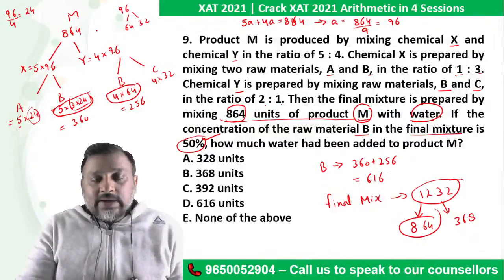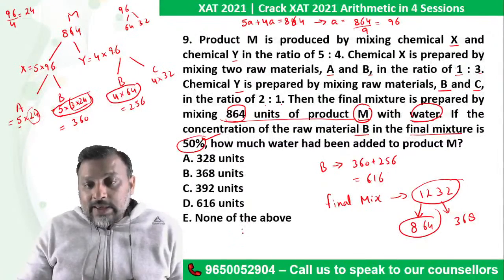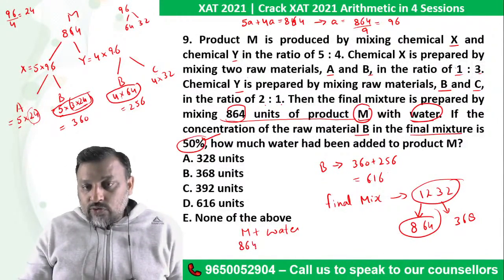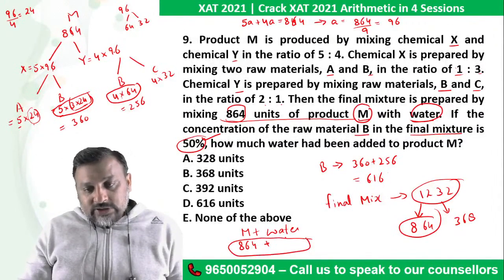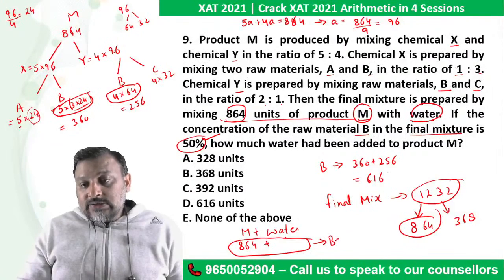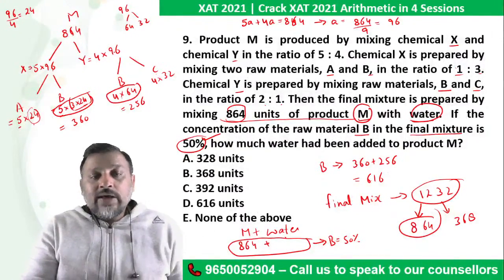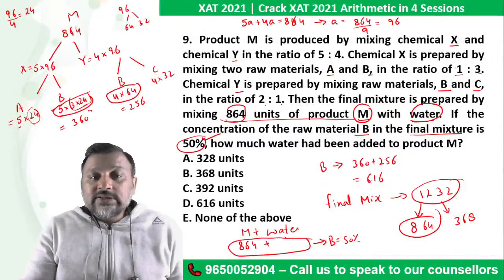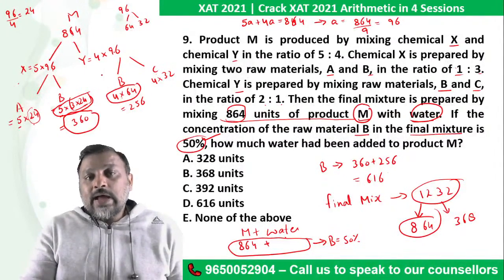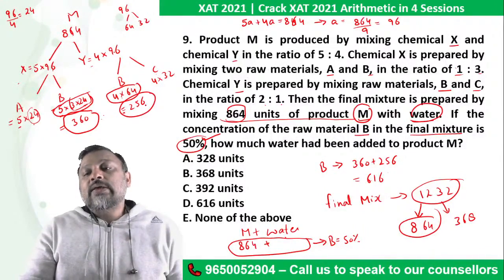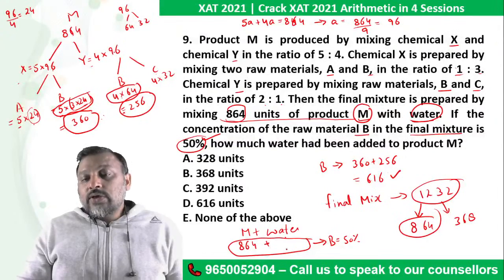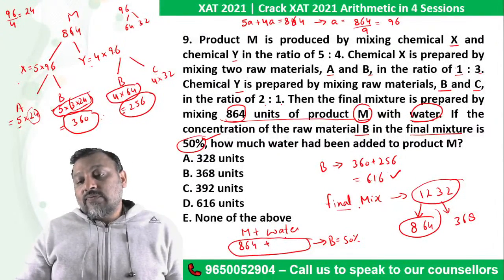See, I am repeating this again. We are mixing M and water to get the final mixture: 864 units of M and some water to get a final mixture in which B is 50%. So B is there in M. We are getting B from X, and this is the amount of B I will get from Y. So the total amount of B is this much, which is 50% of the final mixture.